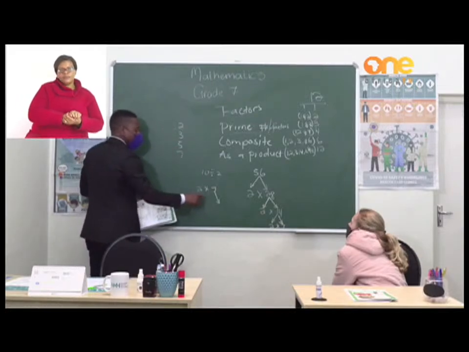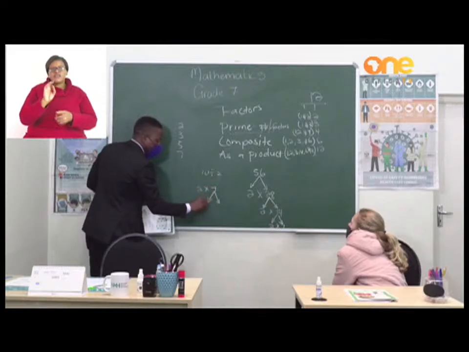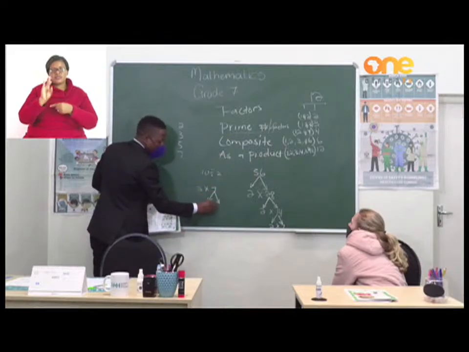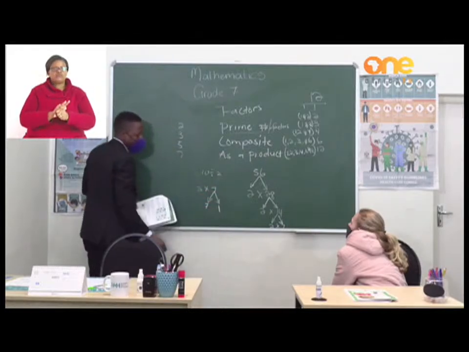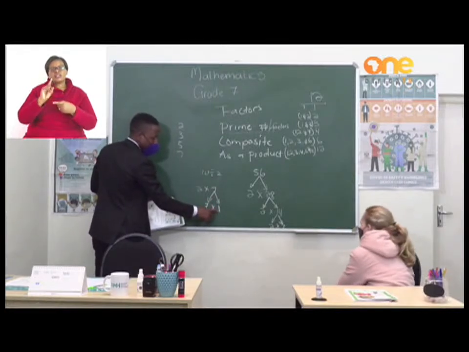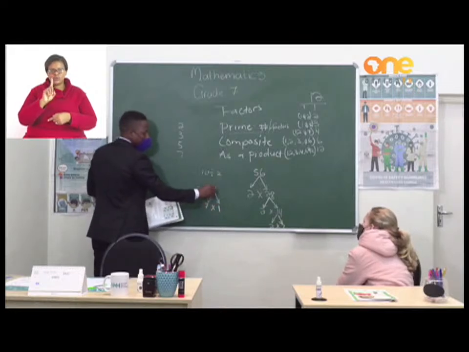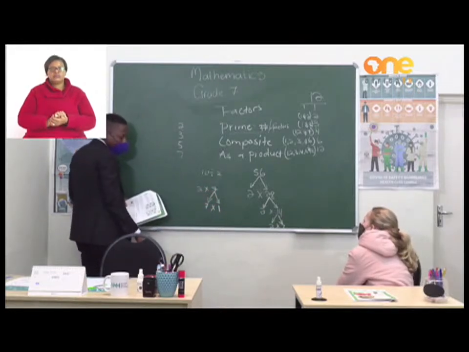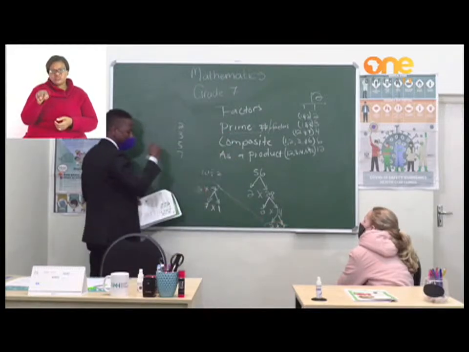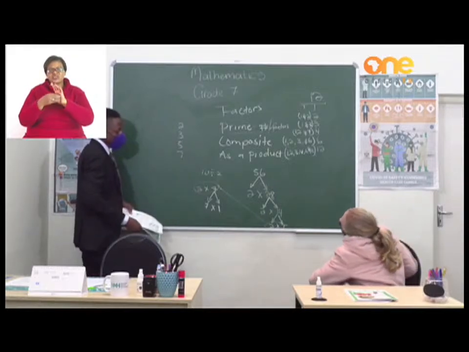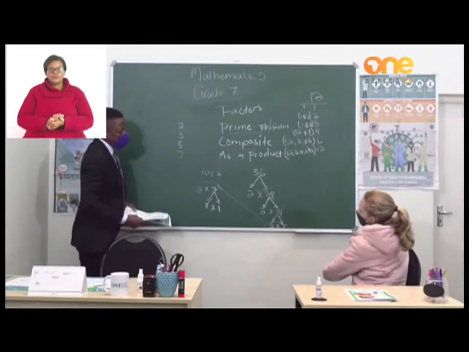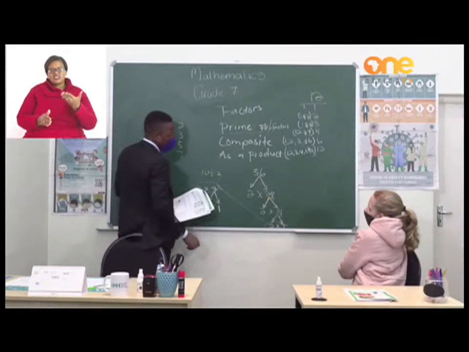So if I divide by 7, 7 goes into 7 one time. And if I multiply 7 times 1, I'll get 7. I just wrote it because you need to see how you have to go down. So this is a method called a factor tree.